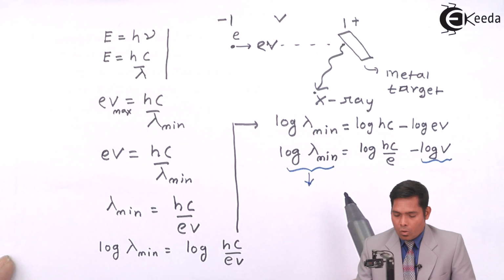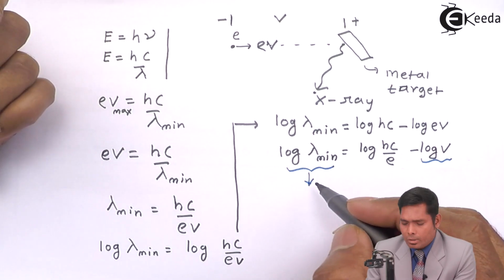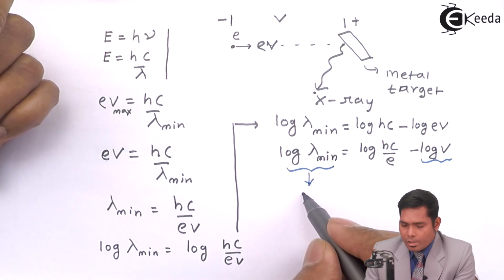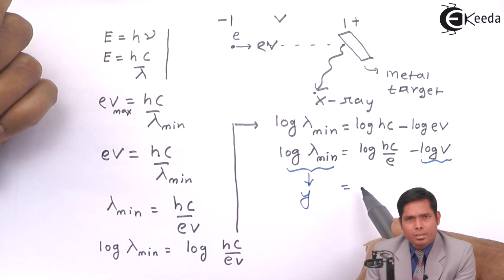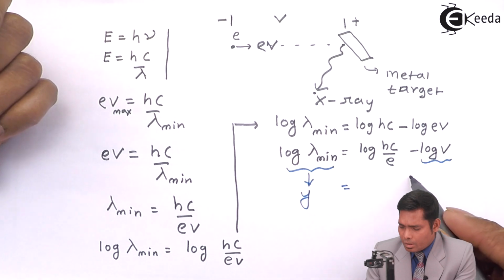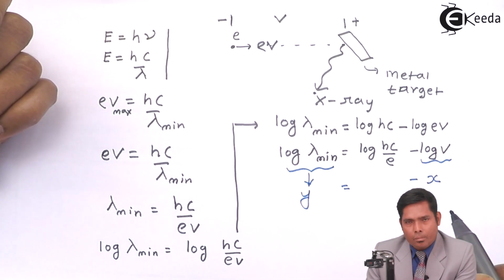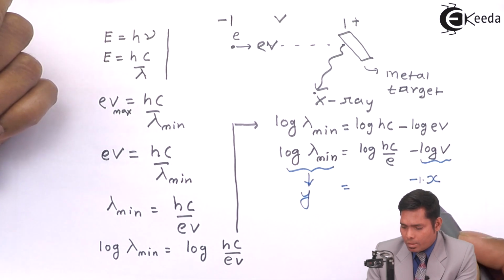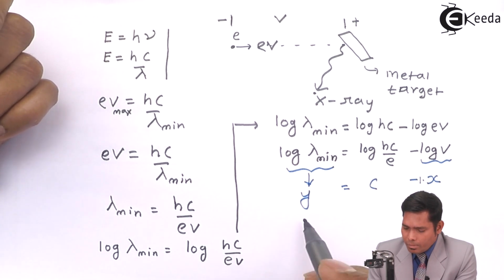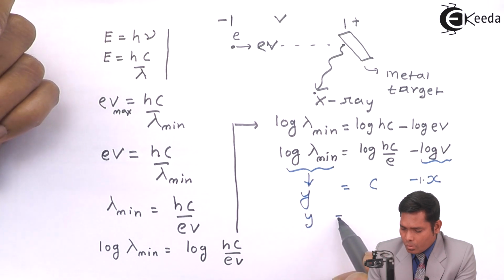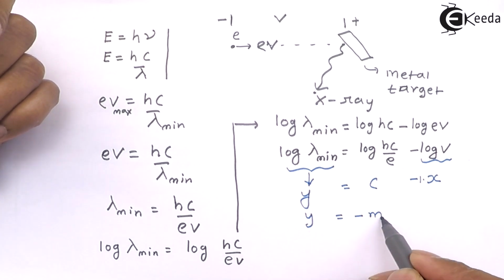This is of the form of a straight line. The general equation of a straight line is y equals mx plus c. Here this is your x, there is no m so I take it as 1, and this is your c. So this is of the form y equals minus mx plus c.